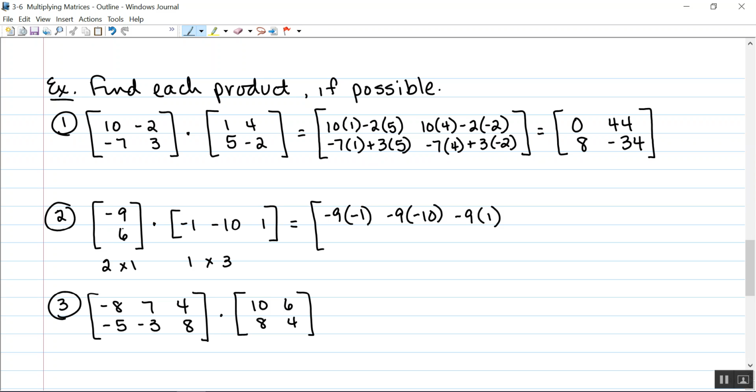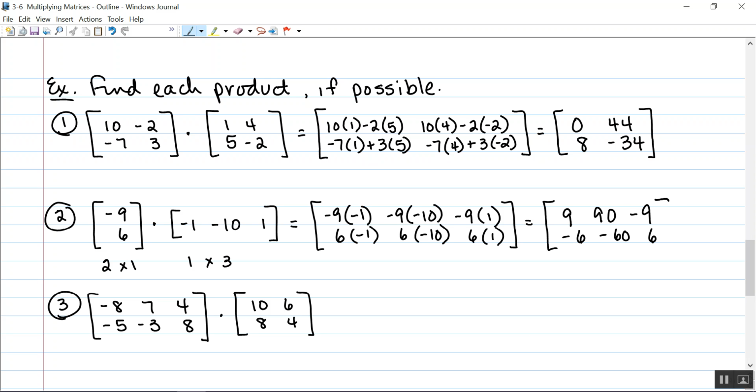Now my second row of the first matrix, multiply that by each element of the first column, and there's only one of those. Multiply it by each element of the second column, there's only one of those, and by the element of the third column. So my matrix product is going to be 9, 90, negative 9, negative 6, negative 60, and 6. That one was actually pretty straightforward.